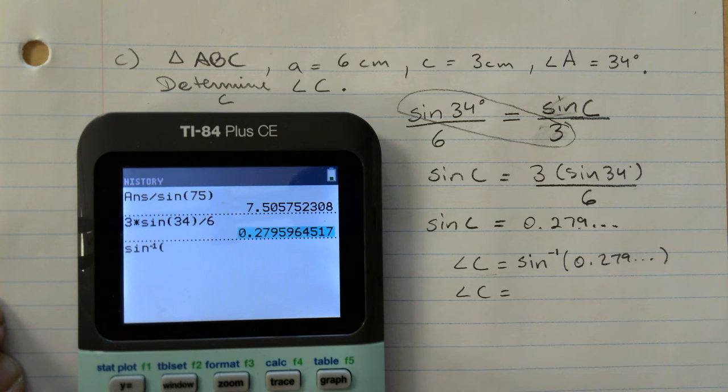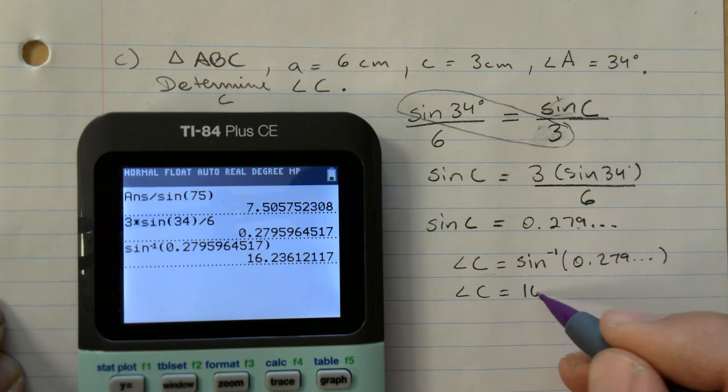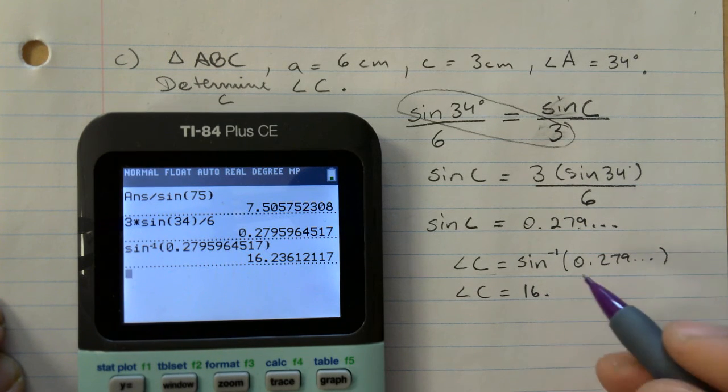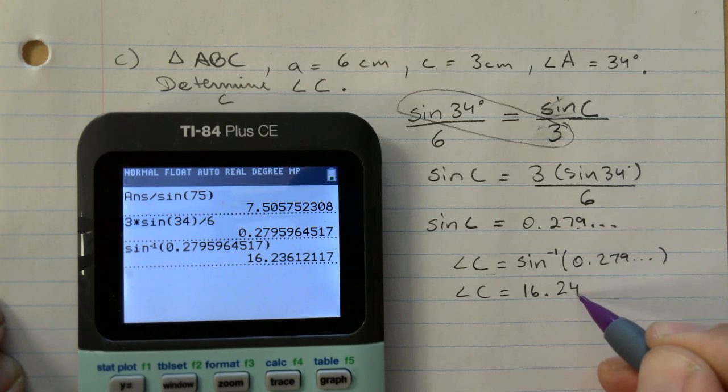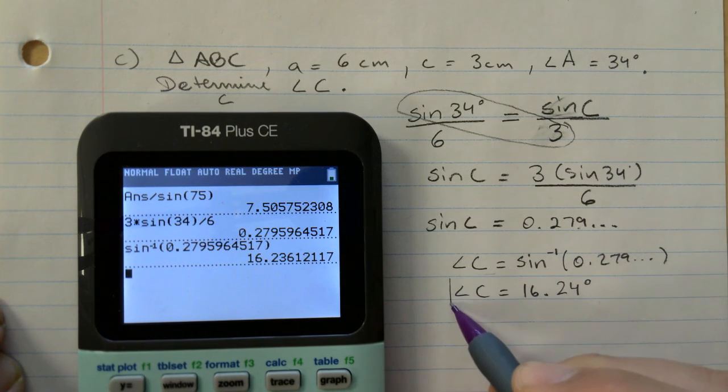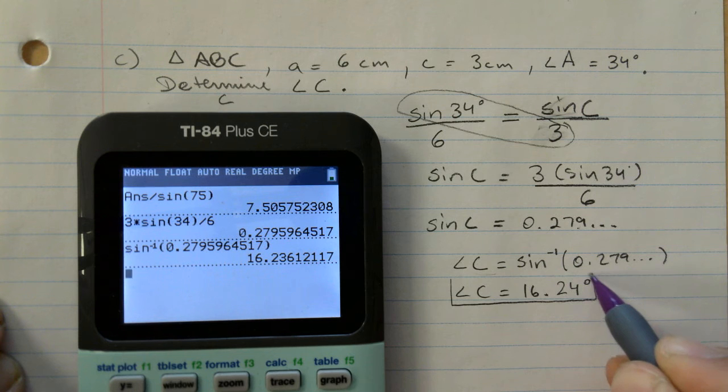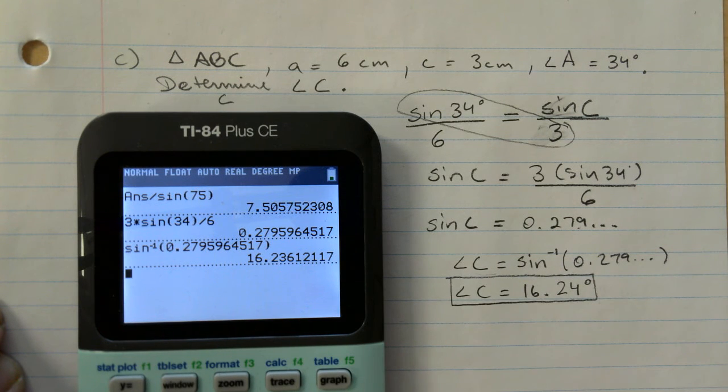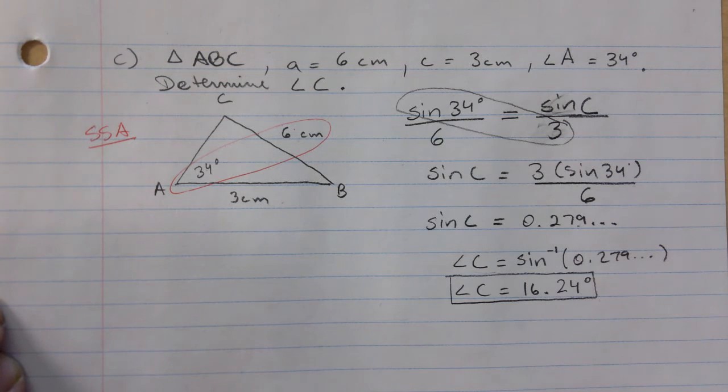And because we have these awesome calculators, you can just go up and paste it in there. Close the bracket. And it's 16.24 degrees. Always 2 decimals in your final answer. Final answers only. So that's what you're getting.